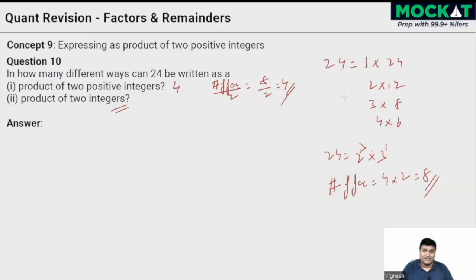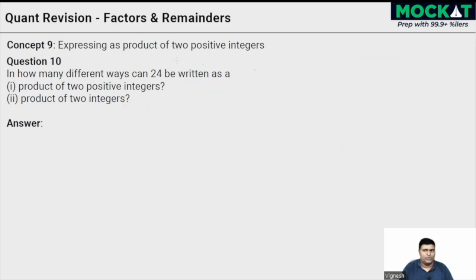If the question just says product of two integers, not positive, it can also be negative. How? You can also write it as minus 1 into minus 24, minus 2 into minus 12. Two minuses become a positive, right? So for every one way with two positive integers, we have another way for negative. So it becomes 4 into 2, which is 8. Long story short, the number of factors of 24 is 8.